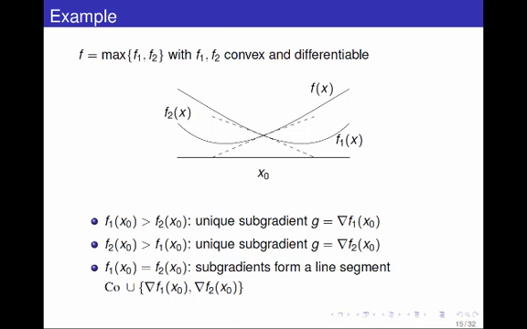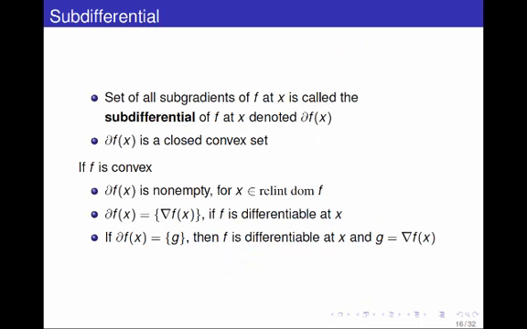But at the point x0, the subgradient of f is anything between the slope of f1 and the slope of f2, because any line you take between those two will under-approximate the max function. And then the definition of a subdifferential is the set of all subgradients of a function at a certain point.